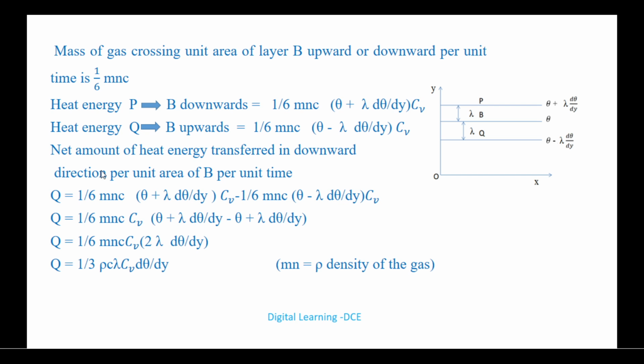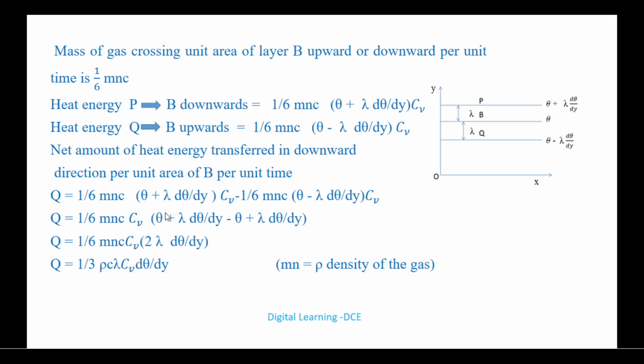Then next, the net amount of heat energy transferred in downward direction per unit area of layer B in unit time is equal to this term minus this one. Then on simplifying this, we get 1/6 mnc Cv, that is (θ + λ dθ/dy) minus... 1/6 mnc is the common factor, then minus θ, minus into minus becomes plus, that is λ dθ/dy.